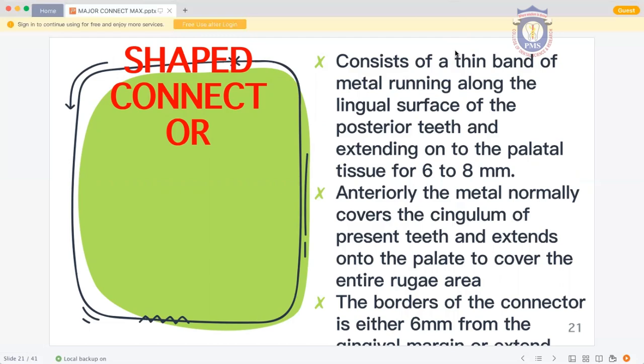So next is the anteroposterior palatal strap. It consists of a thin band of metal running along the lingual surface of the posterior teeth and extending onto the palatal tissues.